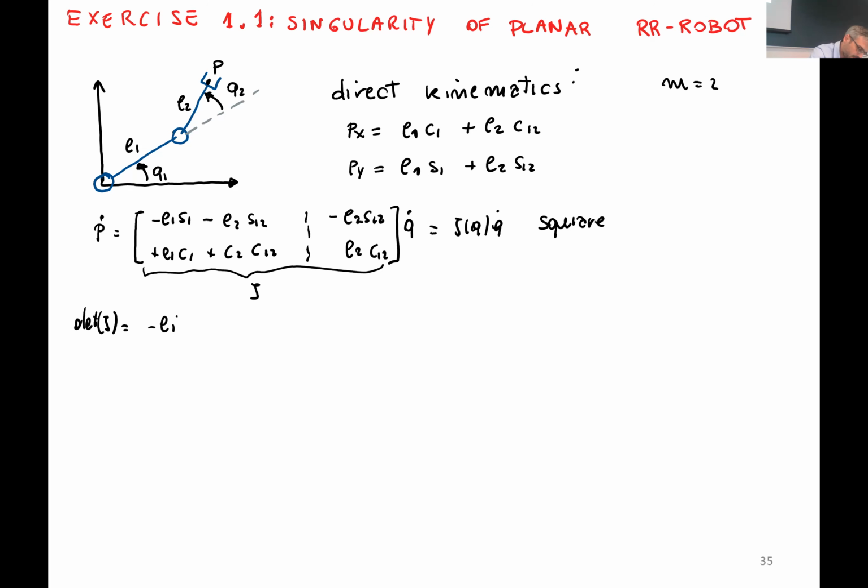Minus L1 s1, and then the second term times this, L2 c12, minus L2 s12 times this, L1 c1 plus L2 c12, and the minus becomes a plus because of the minus here.